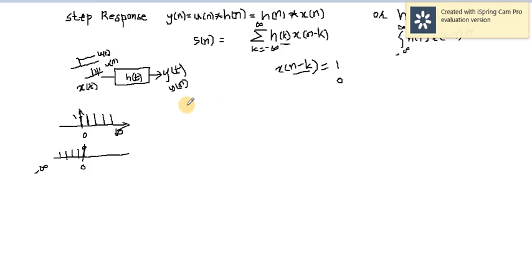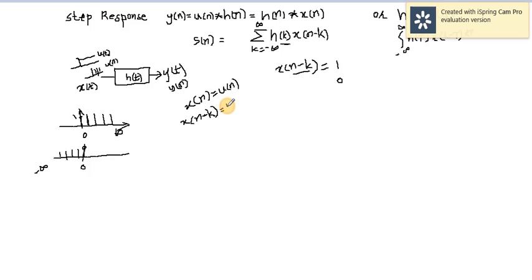If x of n is equal to u of n, then x of n minus k is nothing but u of n minus k signal.